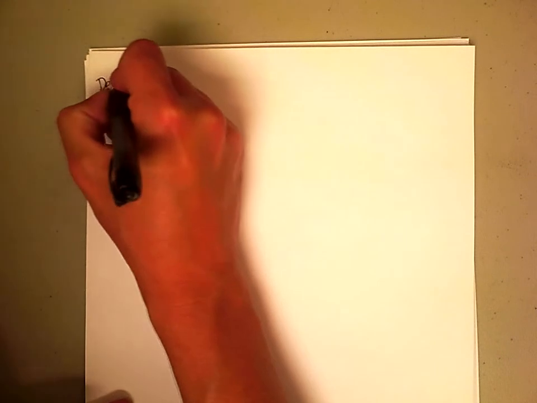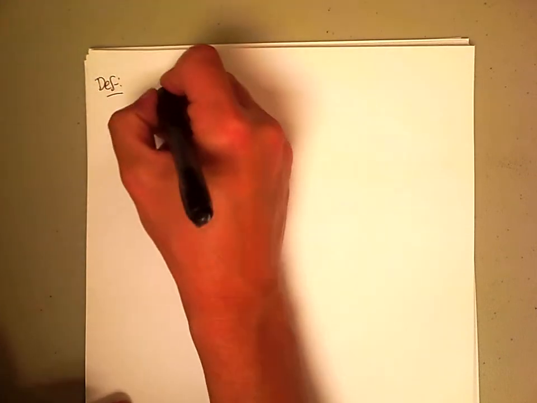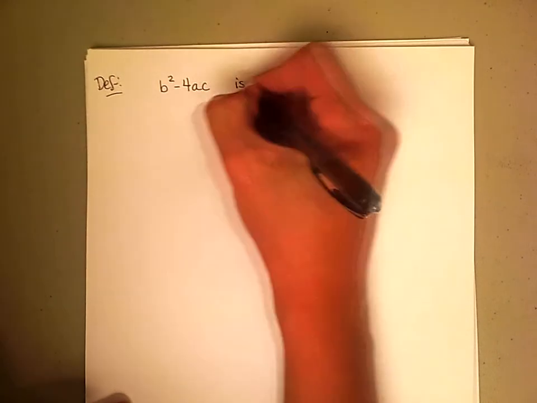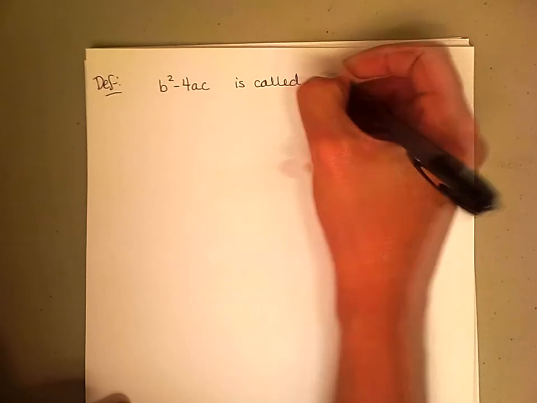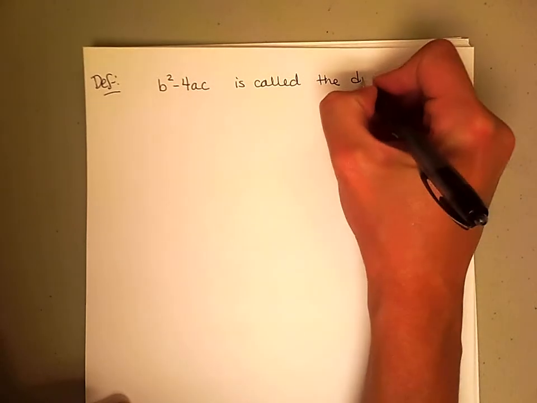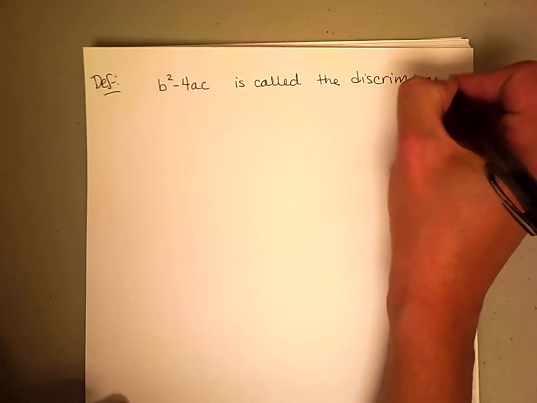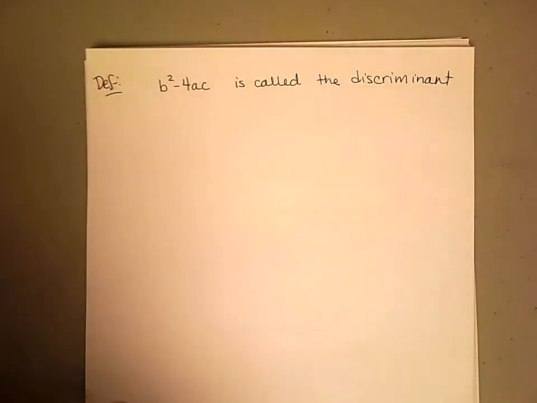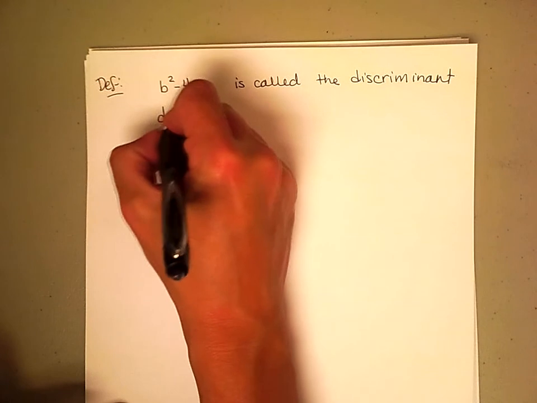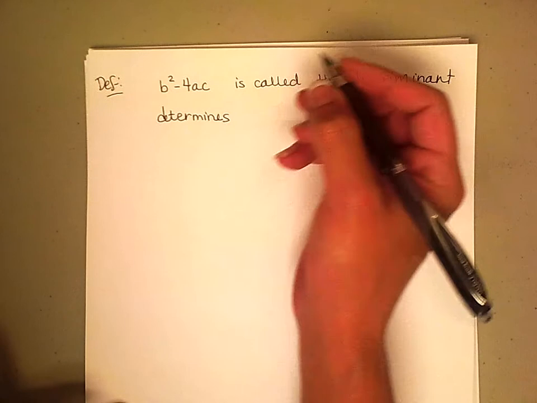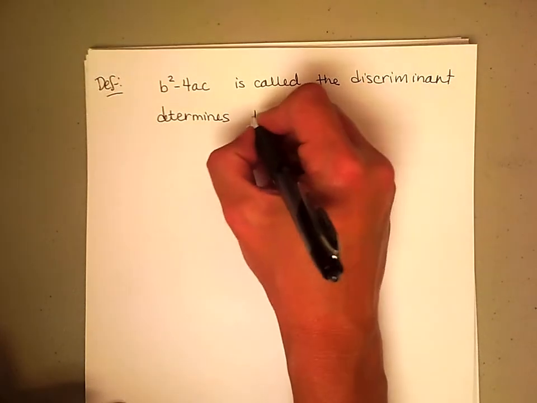So, definition: b squared minus 4ac is called the discriminant. And it determines our types of solutions.